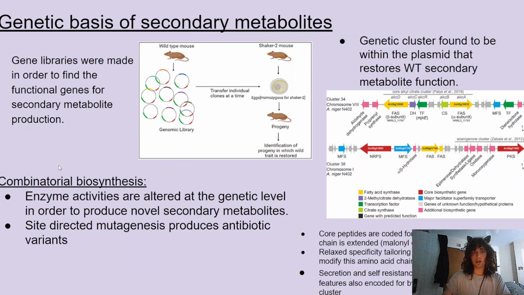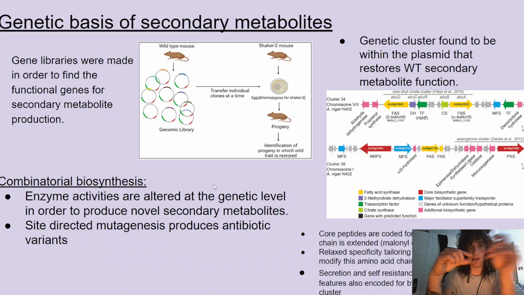So, combinatorial biosynthesis is actually based off of this discovery that secondary metabolites were controlled by this cluster. It's because we can modify this cluster, right? So enzyme activities are altered at the genetic level in order to produce novel secondary metabolites. You can do this by site-directed mutagenesis to produce antibiotic variants.